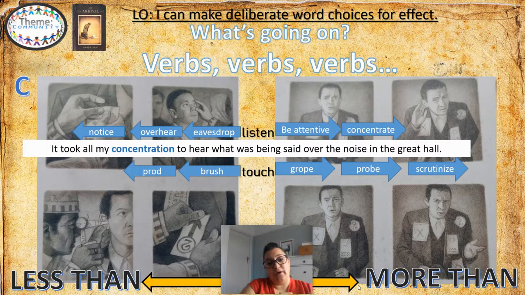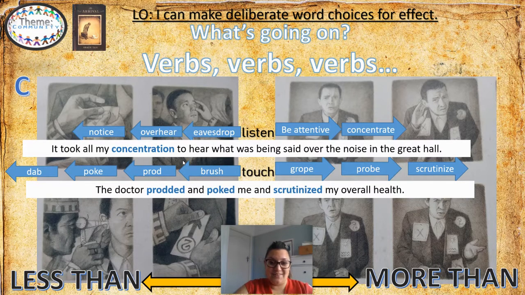Less than a brush, a prod. Less than a prod, poke. It's a really short amount of time that's being given to that moment, that contact. Pause the video now so that you can choose your words and write your sentence.